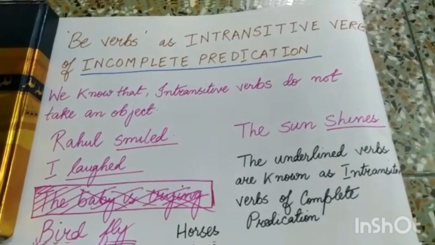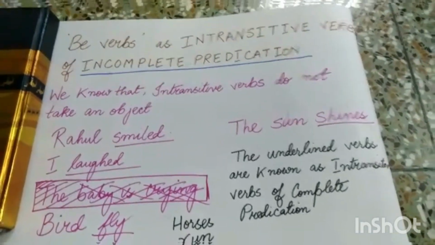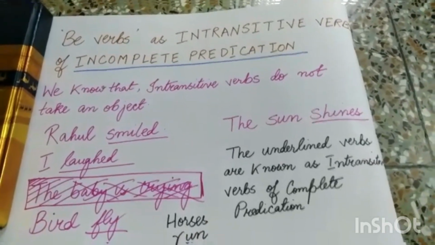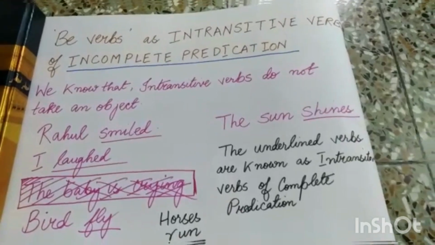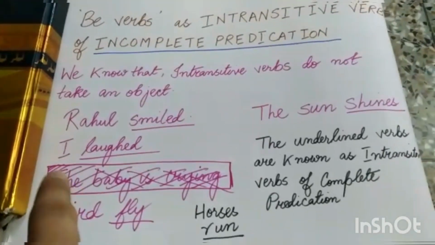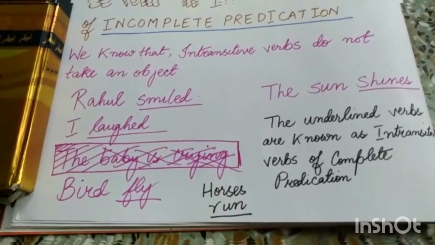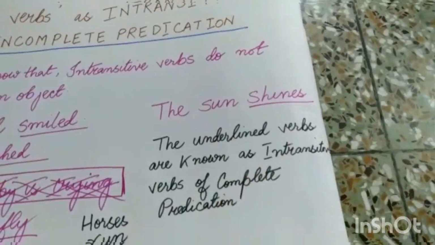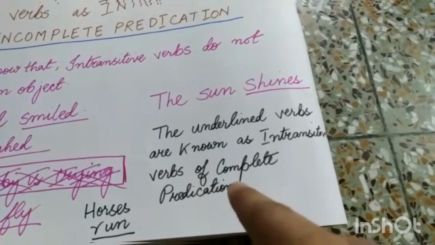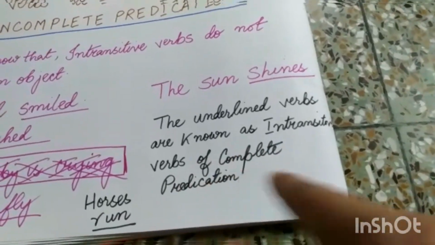We know that intransitive verbs do not take any object and yet they can complete the sentence all by themselves and can make complete sense. In these examples, Rahul smiled, I laughed, birds fly, horses run, the sun shines. Here the underlined verbs are known as intransitive verbs of complete predication.